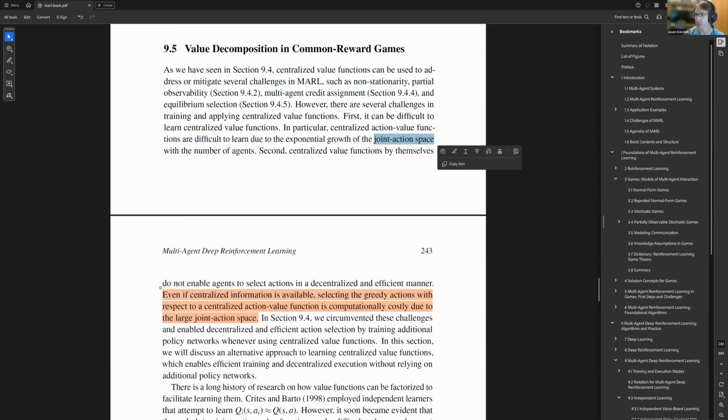So it really is a subset of problems where the value function itself is sufficient, usually, to solve the task, just like value function methods work in ordinary reinforcement learning.